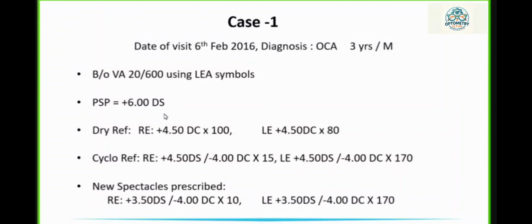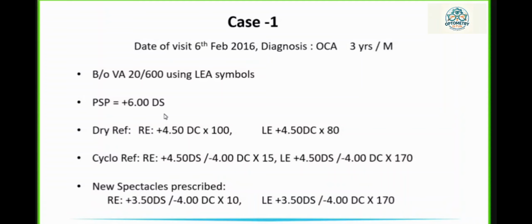Is something bothersome here? Is something concerning here? Do you see a change or a difference in the present spectacle prescription? So the existing prescription and the new prescription, what do you see as a change? Right.